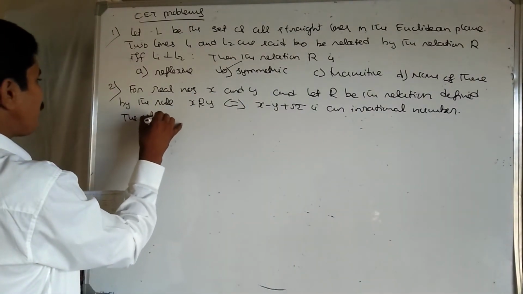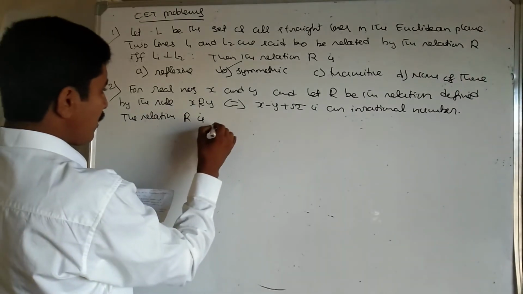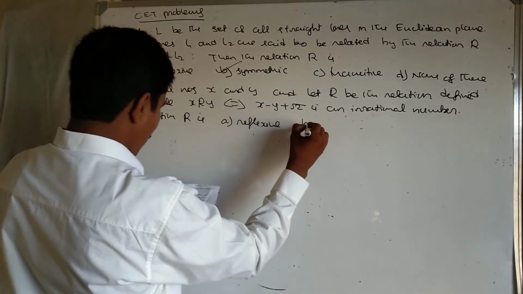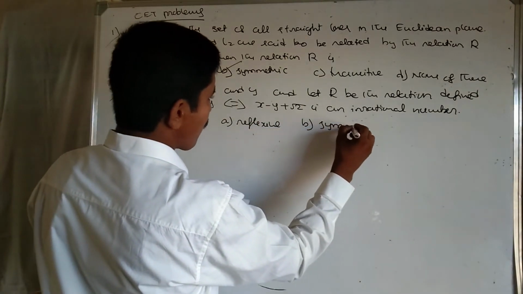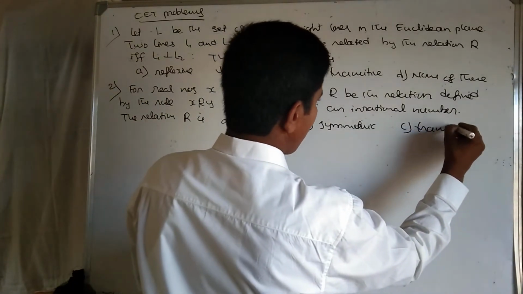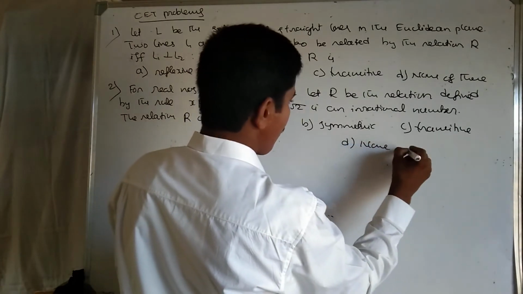The relation R is: A option, reflexive; B option, symmetric; C option, transitive; D option, none of these.